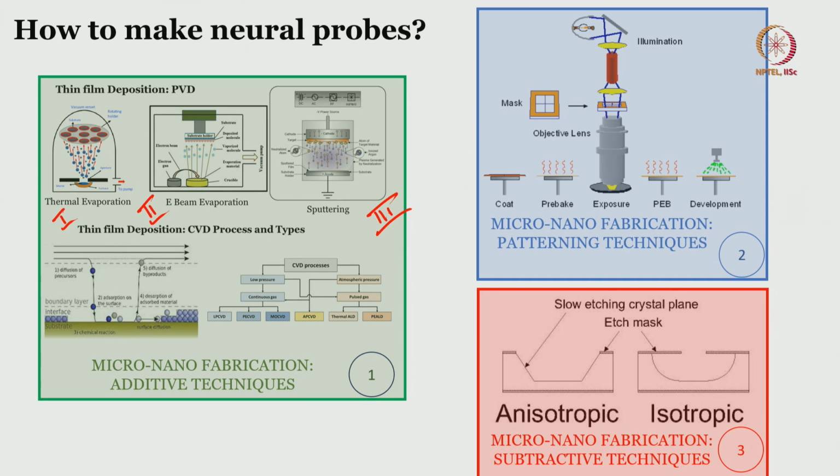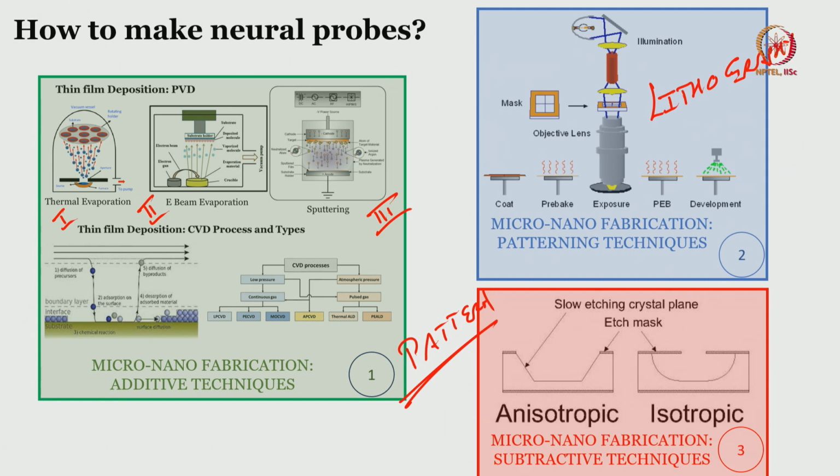Now, only depositing metal would not be enough. So, we pattern the metal. How can we pattern? We can pattern with the help of lithography, L-I-T-H-O-G-R-A-P-H-Y.